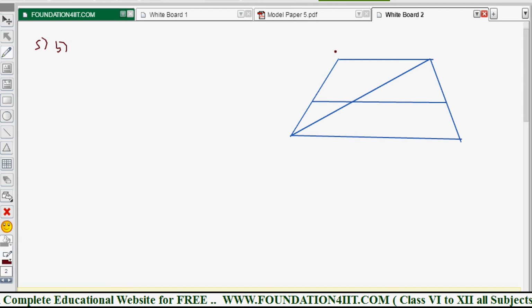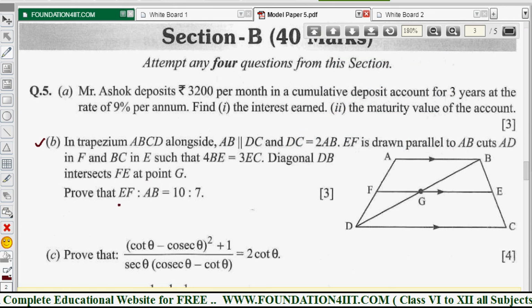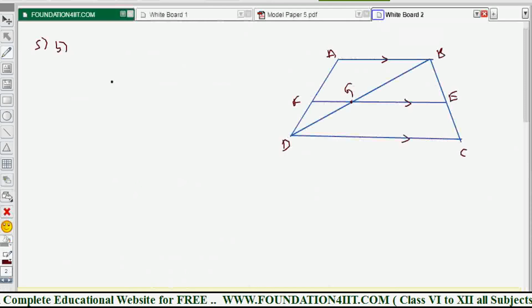You take the three lines AB, FE and DC. These three lines are parallel to each other, right? And G is the intersecting point here. Now we only have to prove that EF to AB is 10:7.